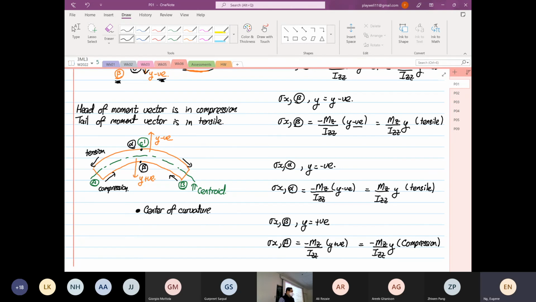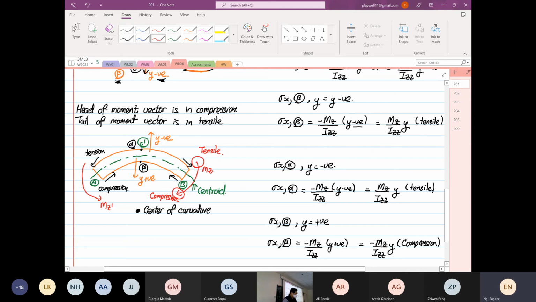So now we apply the moment vector again. I'm going to sketch out the moment vector. By looking at the moment vector again, what can we say? The head end of the moment vector is in compression, and the tail end is in what?